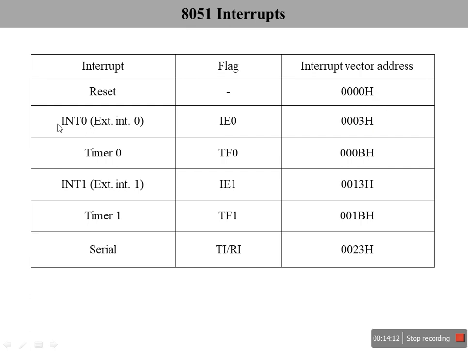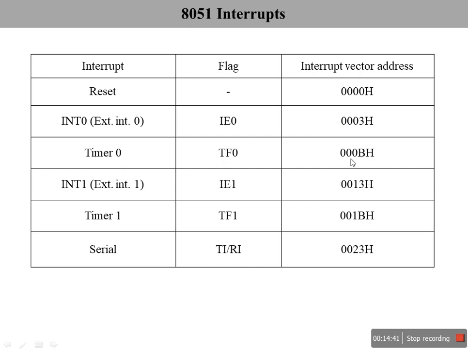Whenever you receive a signal on the INT0 pin, the IE0 flag is affected and control immediately goes to its location. Wherever the controller was executing its main routine, upon reception of this signal it goes to this routine. We have to write our ISR code from this address, or write the ISR at some other location and keep a jump instruction at this location.